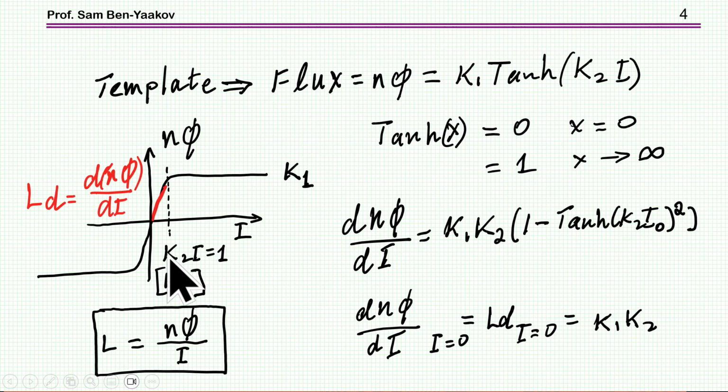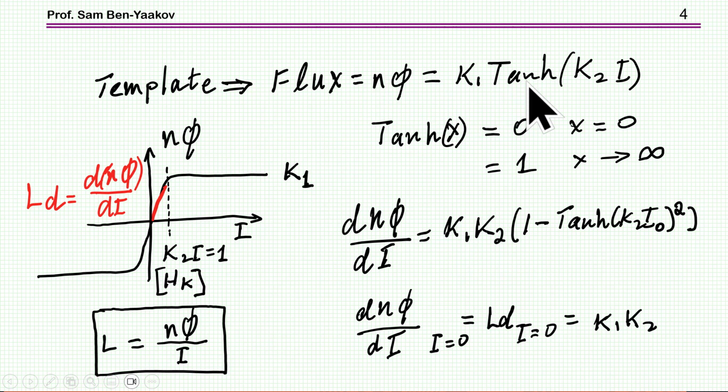So let's have a look at this tangent hyperbolic function. It looks like that: it saturates here, and here it's just about a straight line. It's a little bit curved, but I'm just approximating it as a straight line. And the function we are talking about, this is flux. Actually, it's N times the flux, which is defined as the flux.